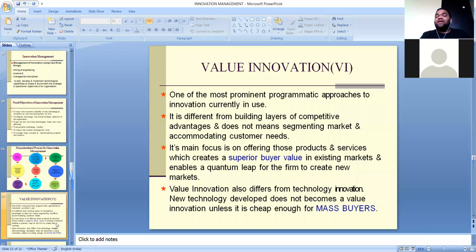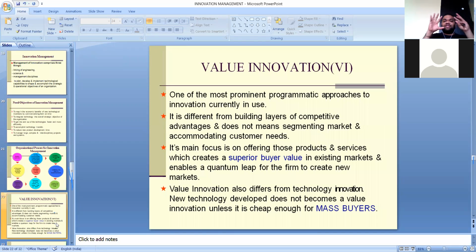See, from the first day onwards, we are telling innovation means giving a new method, new process, new product, any addition to the product, we call it innovation or new. But what the second point is telling is, don't think that innovation only means giving some competition to your competitors, or building, or segmenting your market.